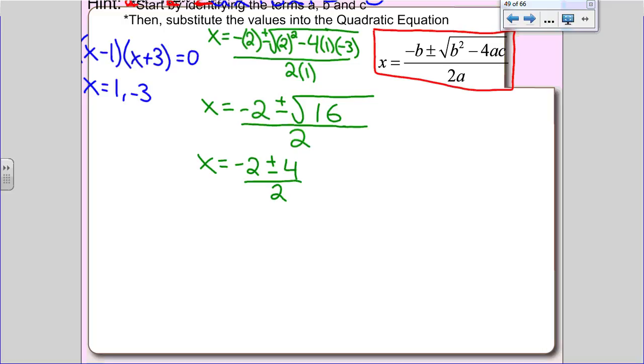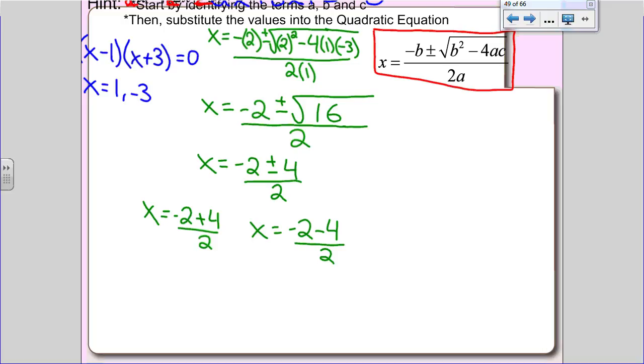So if I did negative 2 plus 4 divided by 2, that would be different than if I did negative 2 minus 4 divided by 2. Both answers are going to be right, but they're different answers. You could simplify first. Then you have negative 1 plus or minus 2, and that would work.